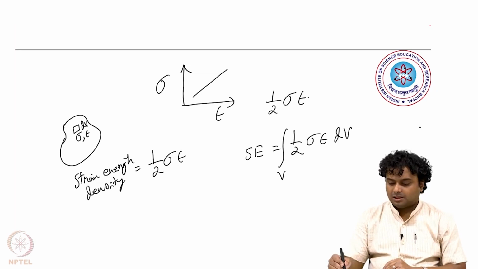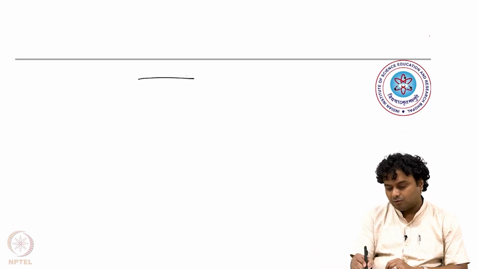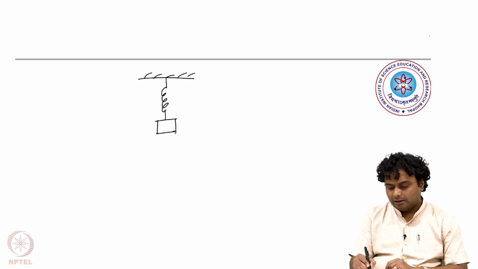Now this half sigma epsilon you can also relate to the spring mass system. For a spring mass system, let us say you have a spring of spring constant K and a mass m, and let us say the deflection is x.